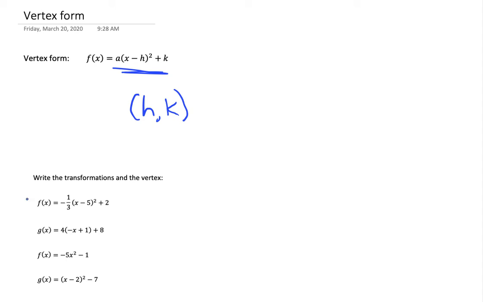So if you want to practice these, you sure can. The vertex on this one is going to be (5, 2), and it's reflected across the x, and it's a vertical compression of 1/3. It's moved to the right 5 and up 2.